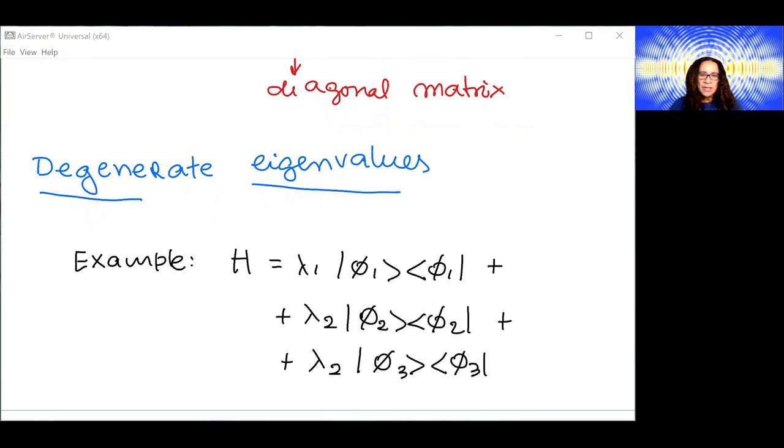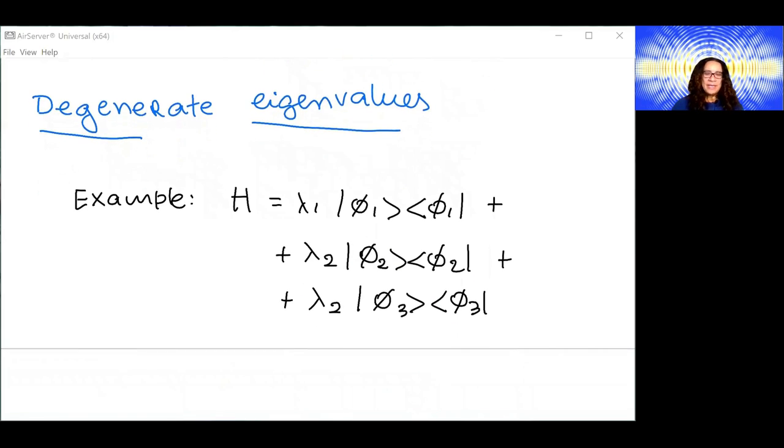So the situation that we have is we have this lambda 1, and here we have a projector onto the subspace spanned by phi 1. Then we have lambda 2, but this lambda 2 is degenerate because it is relating to this eigenstate phi 2. So this is a projector onto the subspace. And this is related to also this phi 3. Can you see? So what is it that we should do?